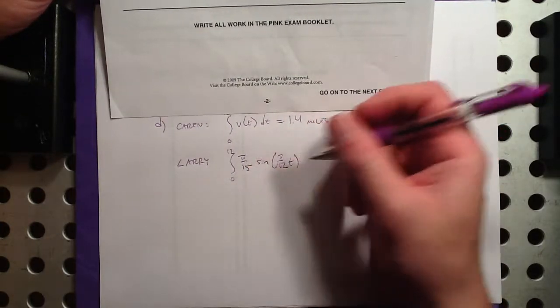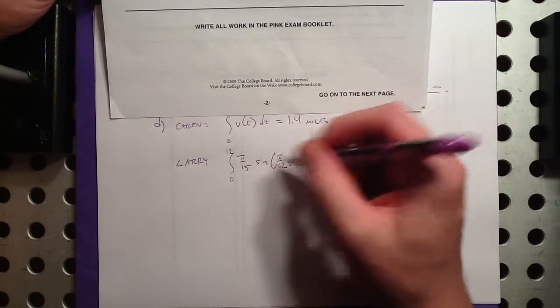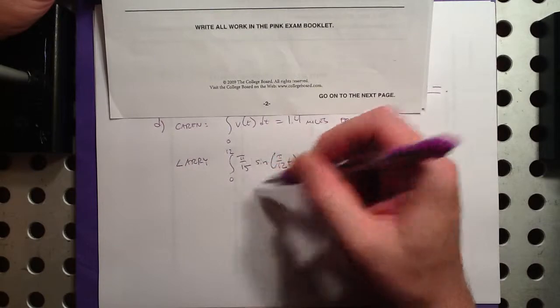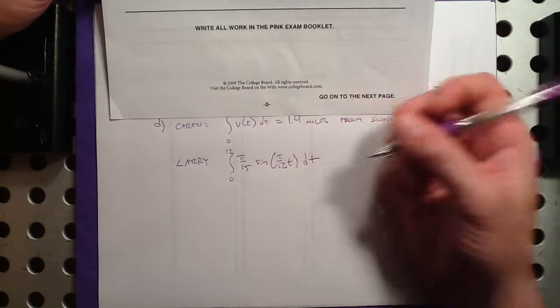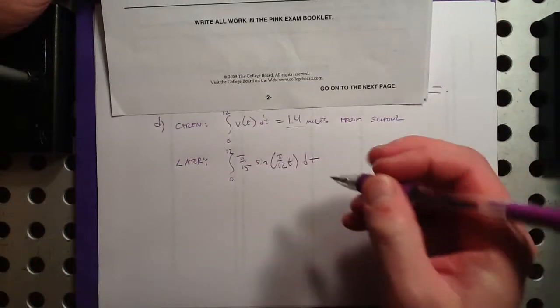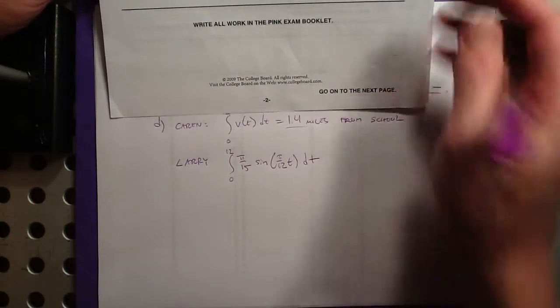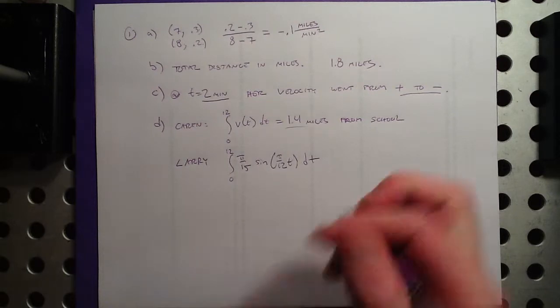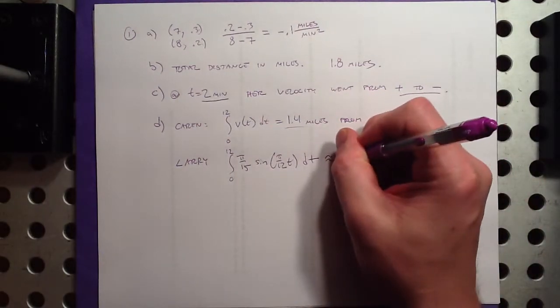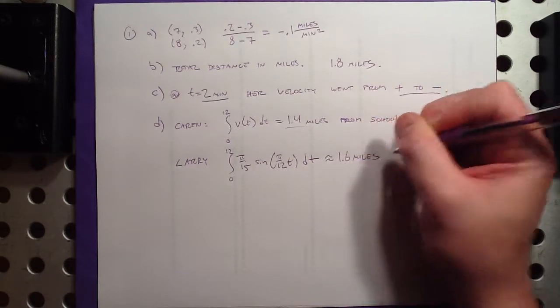You don't want to be messing around with this without your calculator, though it might be doable. And we need to compare it to 1.4, so in terms of pi isn't really going to help. I did that in my calculator, and I got about 1.6 miles.